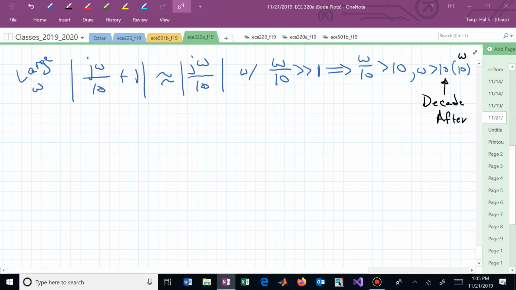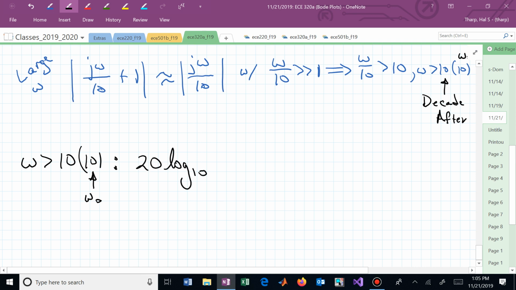So if we said that at omega, a factor of 10 or a decade bigger than our break, what is in fact happening to 20 log base 10 of j omega over 10? What's the magnitude of j?